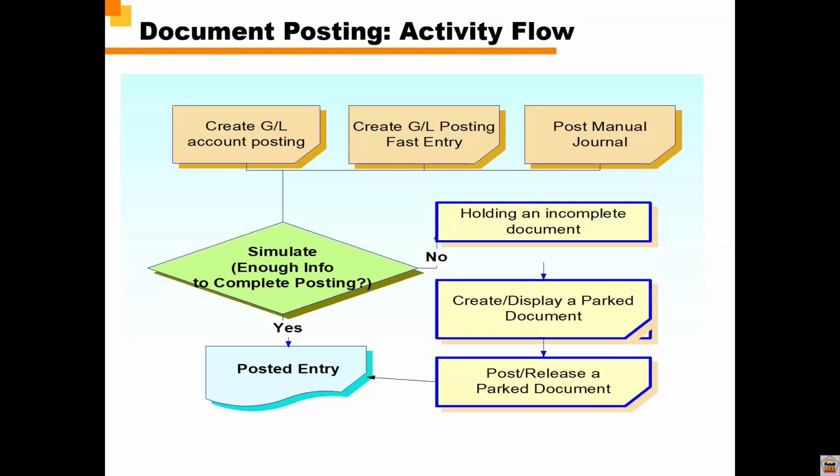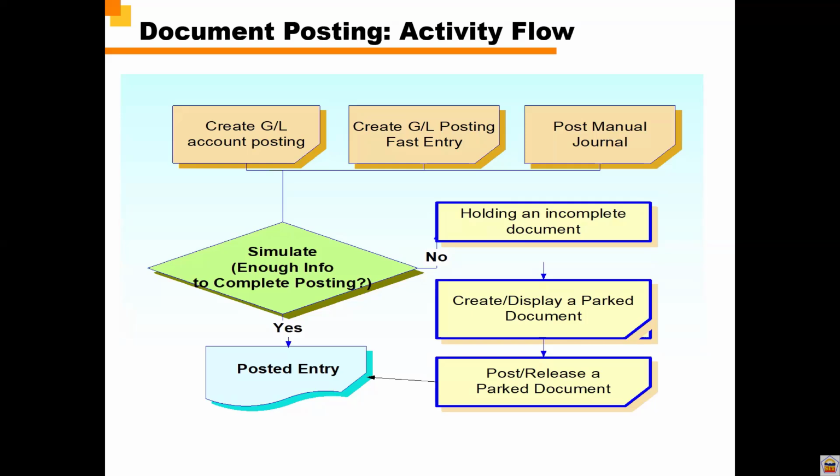So he will check that the information which has been entered by his teller is correct. Then if any changes are required, he will make those changes, and after that he will do the posting. Once he does the posting, I will get a message that my account has been debited. So that is going to be a permanent document.